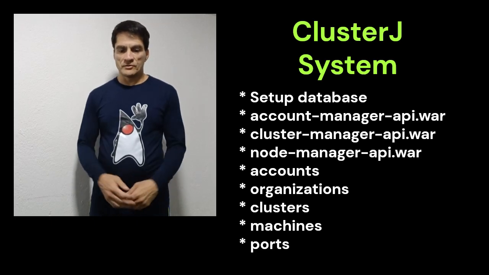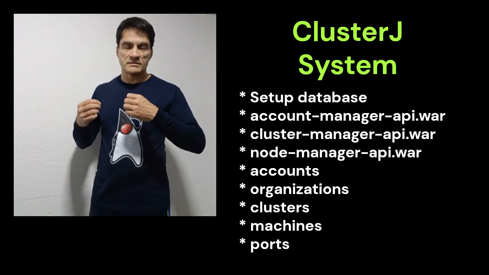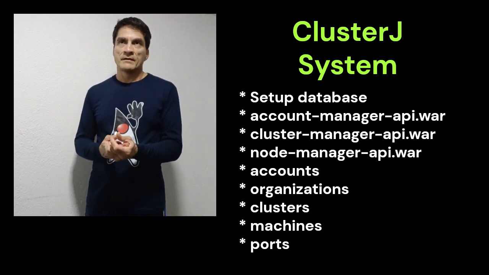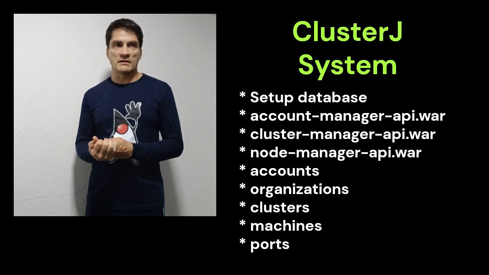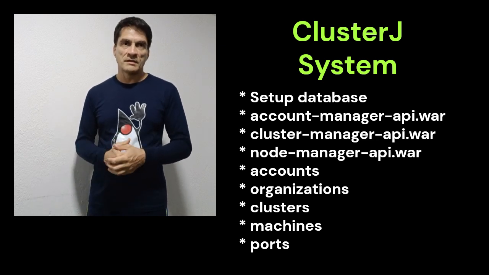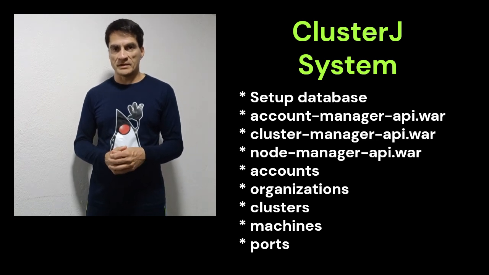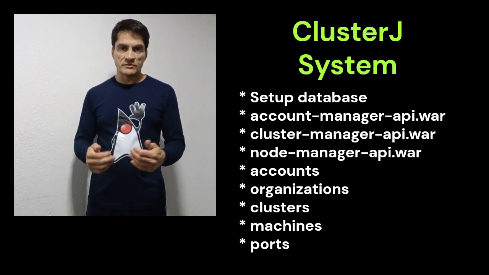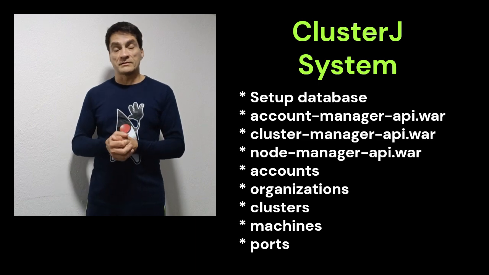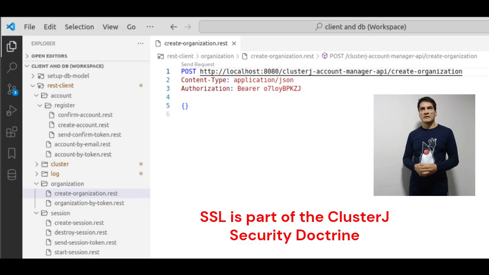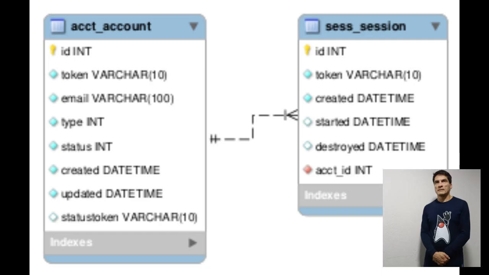That is, you have the setup, which consists of the machines, the .wars of ClusterJ, and the setup database. All these comprise the ClusterJ suite. And the security of the cluster system is based on session tokens and SSL.